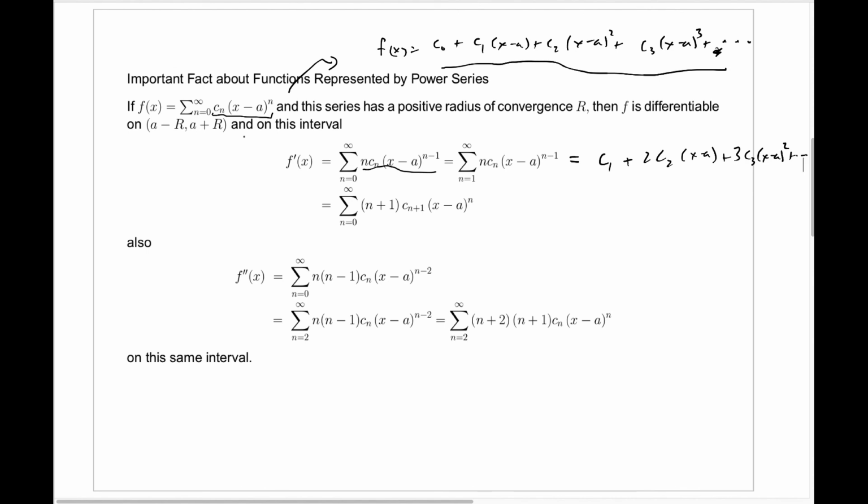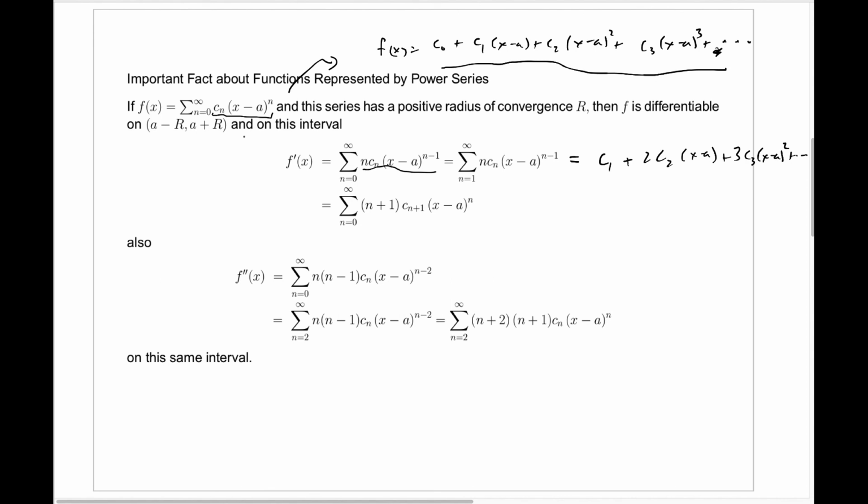The derivative will, of course, give you, as I've just claimed, and one can prove this, a power series with the same radius of convergence 1. But even if the first one might have converged at the endpoints, the derivative might no longer converge at either endpoint, or maybe no longer converges at one of them. Convergence behavior at the endpoints can change, but the radius of convergence must stay the same.